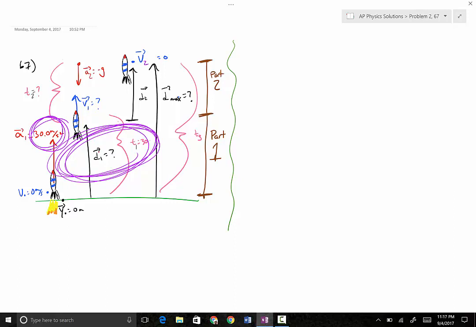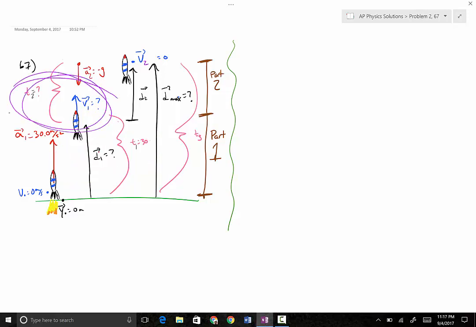It's speeding up, and eventually the fuel runs out, and the rocket then stops accelerating in the positive direction and begins to go into free fall, where its acceleration is negative 9.8 meters per second squared.